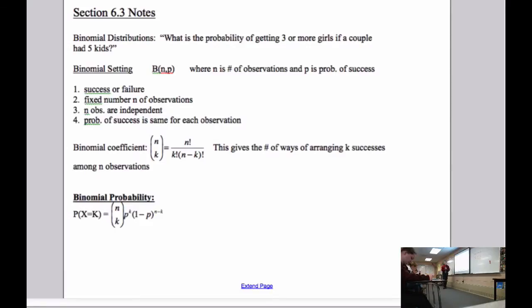Here's the equation that you need to know. Binomial probability: the probability that X equals k is n choose k times your probability of success, to how many times? And then failure, which is 1 minus the probability of success, to how many times?